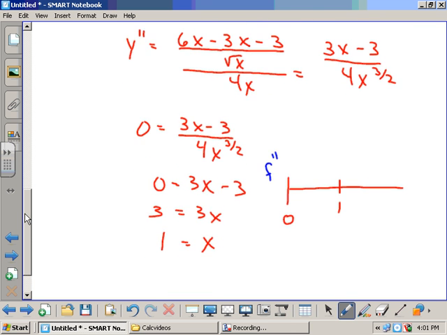So I see my second derivative there. Let's plug in a number larger than 1. So if x is 2, in the numerator, plugging in 2, we have 6 minus 3, positive. Plugging in 2 to the bottom, also positive. So I know I'm concave up from 1 to infinity.